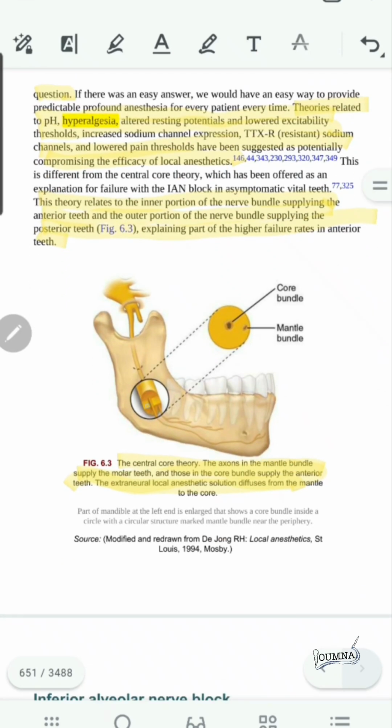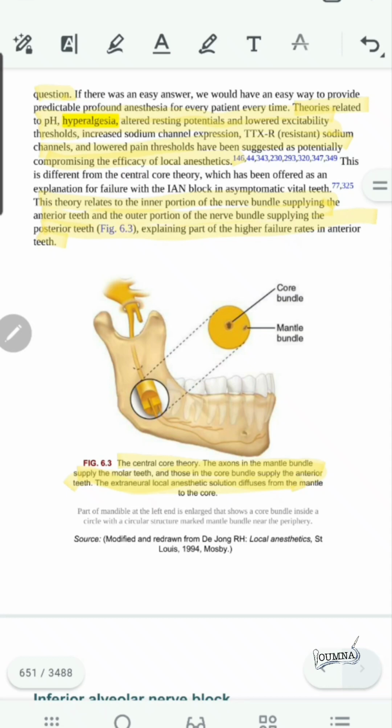Now, there is a theory called the center core theory that explains why the efficiency of the anesthesia differs between the anterior and the posterior teeth when doing the inferior nerve block. The nerve bundle that nourishes these teeth has two parts: the core bundle that nourishes the anterior teeth, and the mantle bundle that is responsible for the posterior teeth.